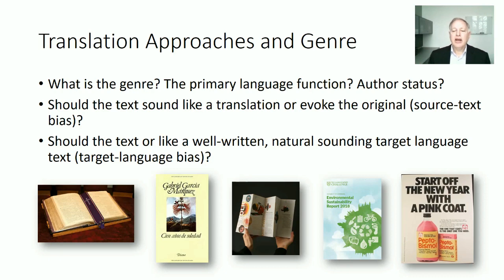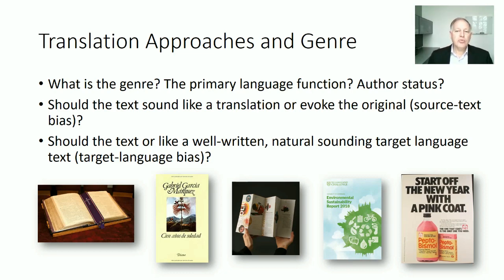And then the 5th text, we have a magazine advertisement. Looks like maybe from the 1970s or 80s. And it has sort of a play on words, right? Start off the new year with a pink coat. So to do this, I would argue for the advertisement, the language has a strong vocative or appellative or persuasive function.